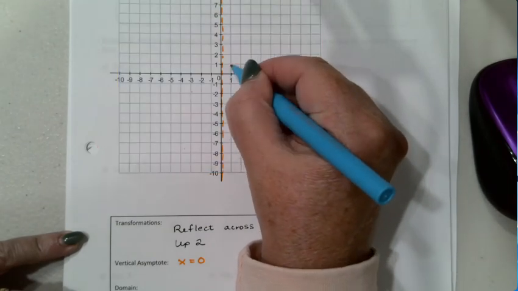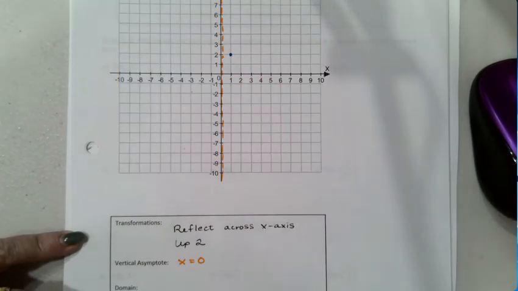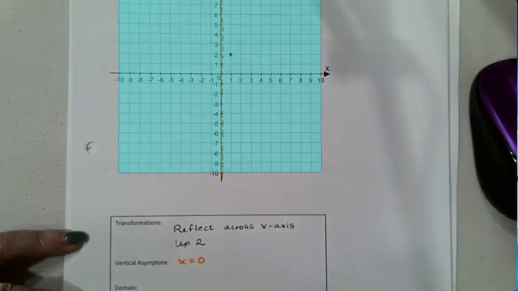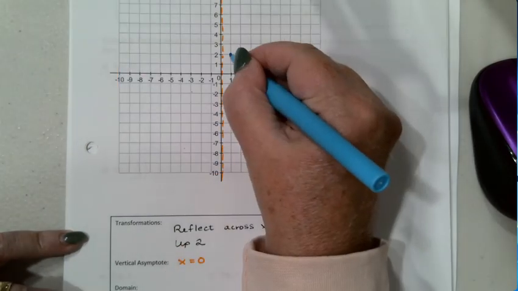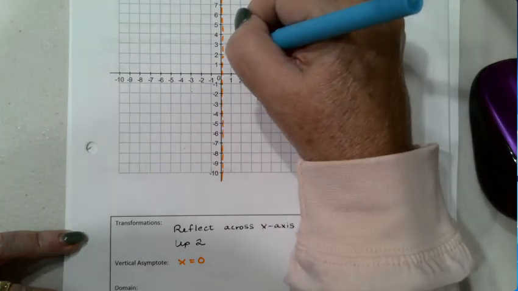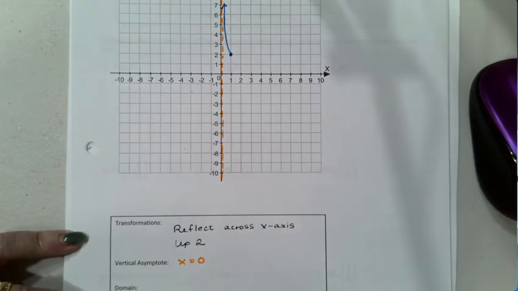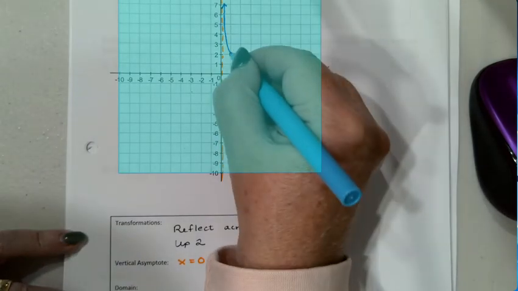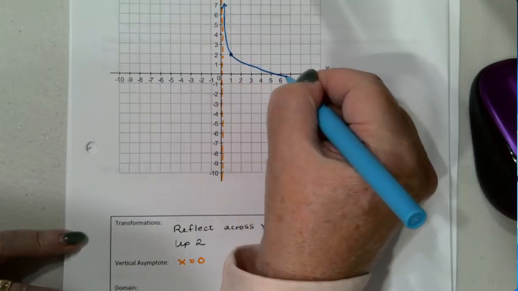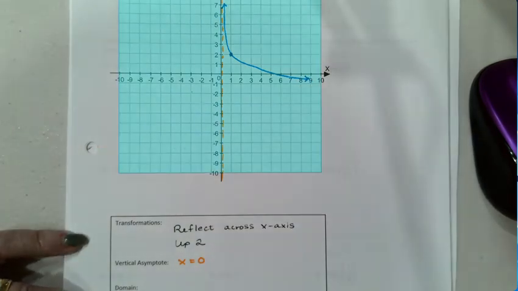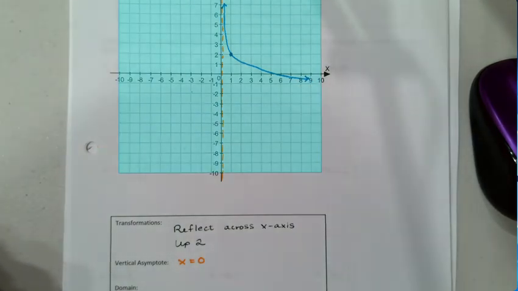We've got to move it up 2. So it's going to go there. And now I just have to think about the logarithm function flipped upside down, right? Reflected. So instead of going down along the vertical asymptote, it's going to come up along the vertical asymptote. And it's going to slowly go down that way. Right? So just the upside down logarithm graph.